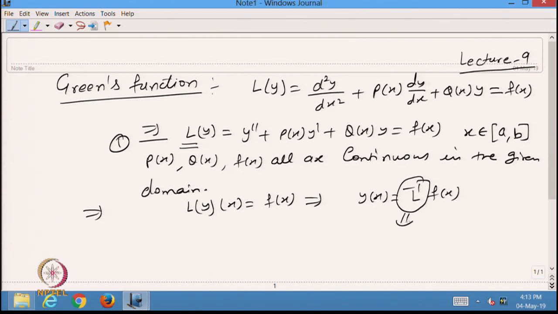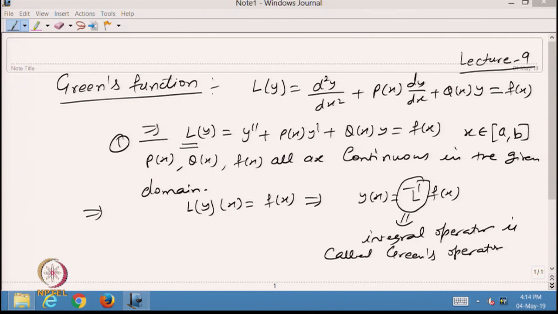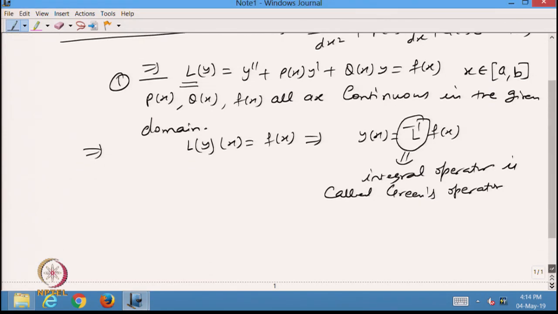This integral operator is called Green's operator. So this is the inverse of the given differential operator.